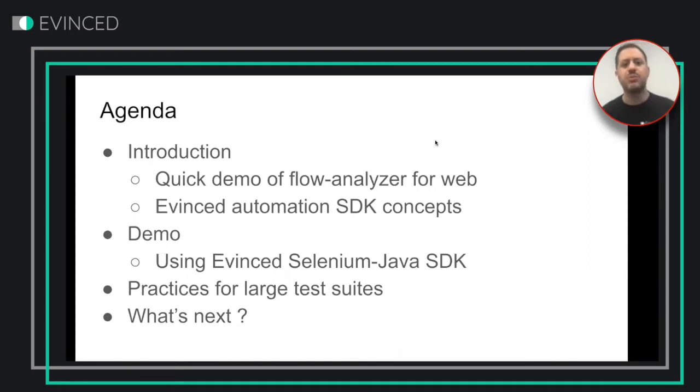After that, Kevin will do a deep dive demo of how to use our existing Selenium Java SDK for accessibility automation. After this demo, I'm going to talk about some practices of how to use the SDKs in large test suites, which are usually common in bigger companies or enterprises today. Finally, I will talk about some advanced topics that we will address in the next webinars, like best practices, how to do CI integration, snapshot testing, and so on.